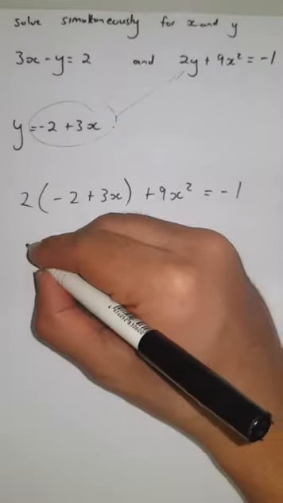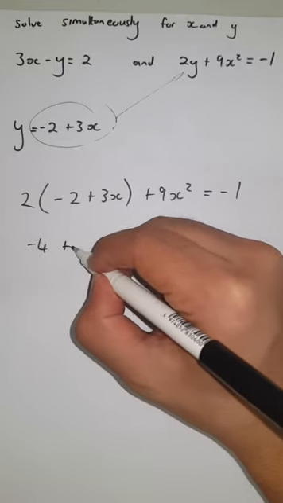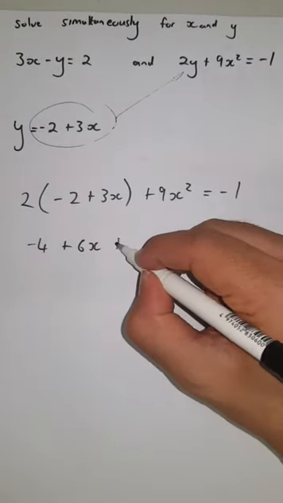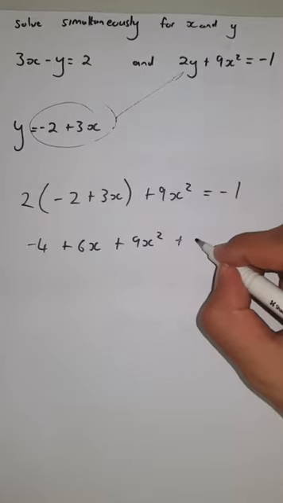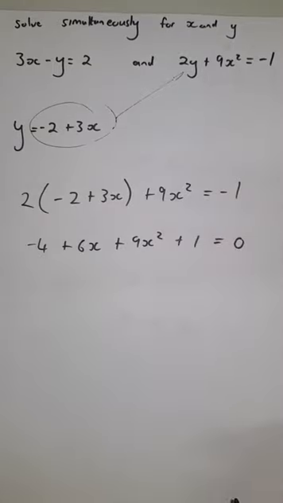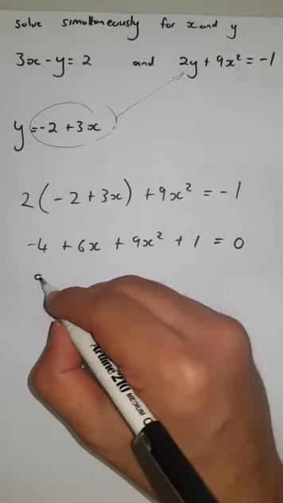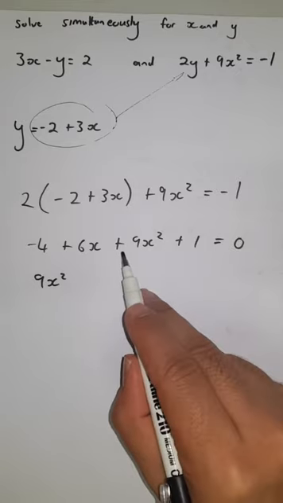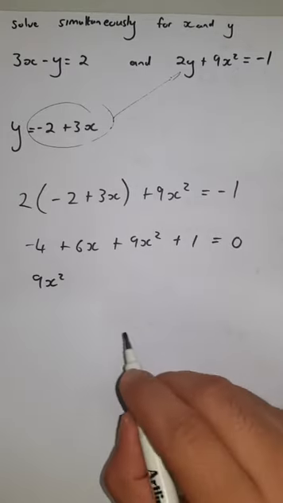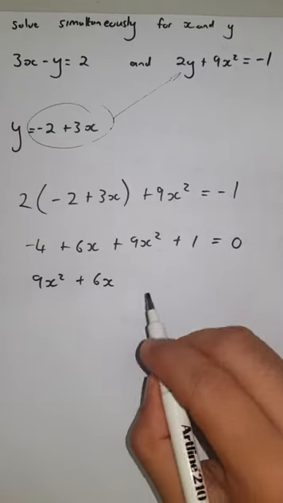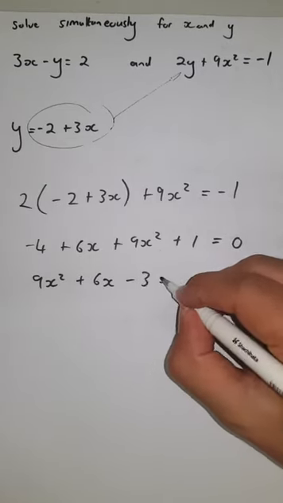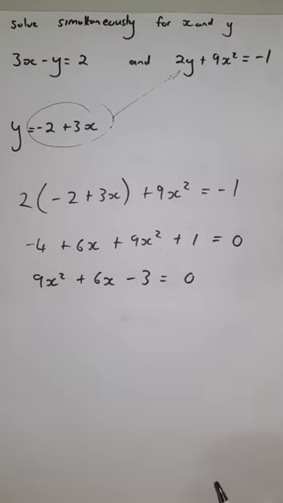Let's expand that. It becomes minus 4 plus 6x plus 9x squared, and I want to bring that to the other side. Plus 1 equals 0. Let's put our like terms together. 9x squared plus 6x, minus 4 plus 1 is minus 3, equals 0. I then factorize.